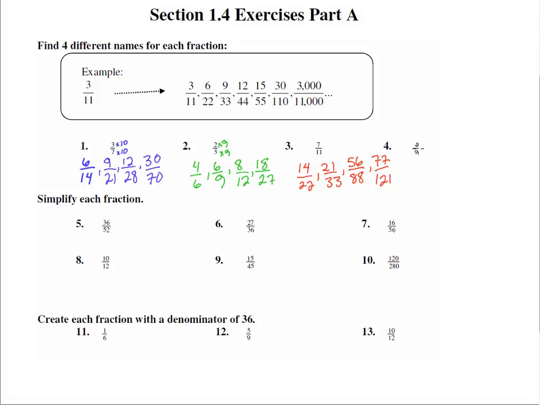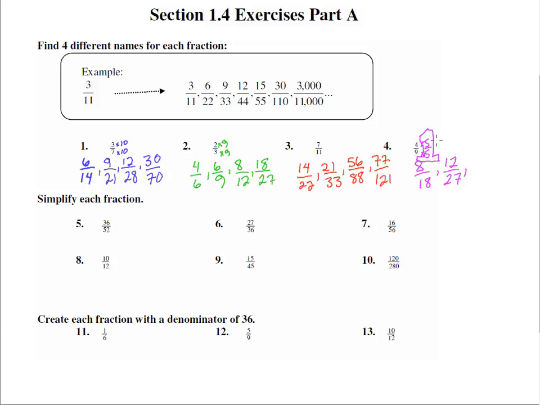Okay, 4/9. I always like 2 over 2 because that's the easiest one. Multiply by 2 and 2, and we get 8 over 18. 3 and 3 would give us 4 times 3 is 12. 9 times 3 is 27. 5 over 5. I'll write that one out so we can see what we did. We multiply by 5 over 5, which is really all we're doing.